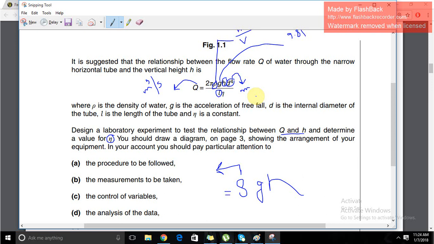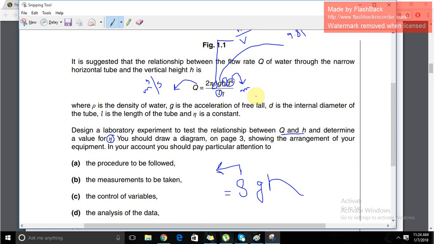And the procedure to be followed: you vary the height by varying the length of the vertical tube that is actually a part of the container. So if you move the overflow pipe upwards, the height of the water above the center of the pipe will increase, and therefore the pressure per unit length will increase, and so will the flow rate.